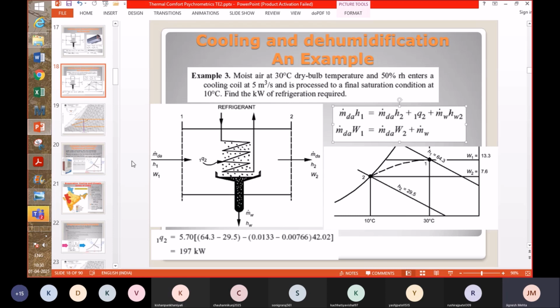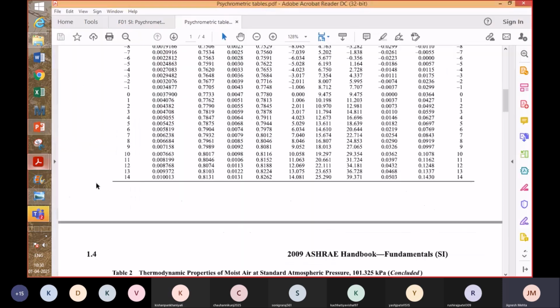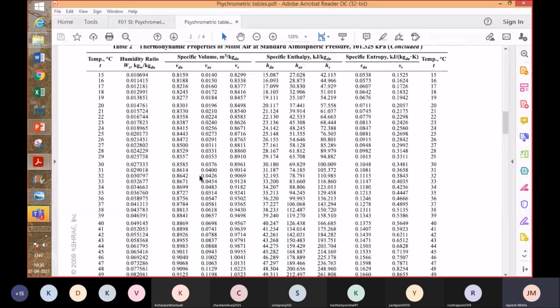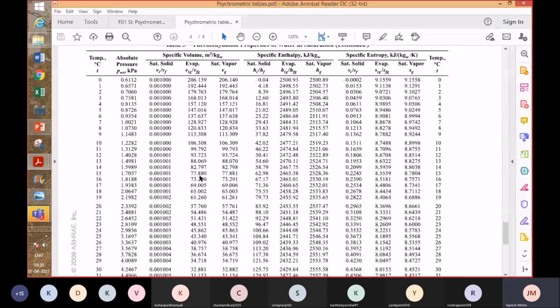So at 10 degrees Celsius, you can just refer to the value of hf at 10 degrees Celsius for the saturated properties of water. So what is the value of hf? It is 42.02, right? 42.02. So that's what has been used.